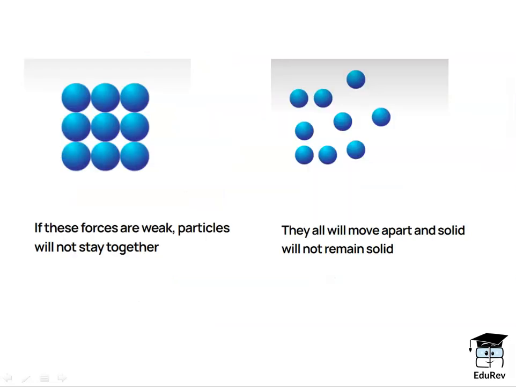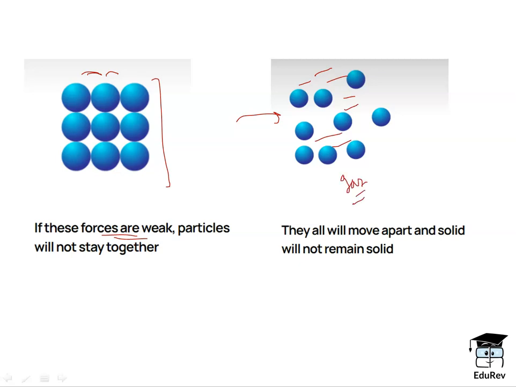Now let's talk something about the intermolecular forces. These intermolecular forces which are connecting the particles of solids are strong, and if they were weak forces, the particles will not stay together, like in this case. In the gaseous state, the interparticular forces are weak, and so the particles are spread out like this.